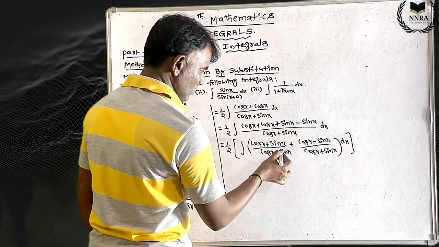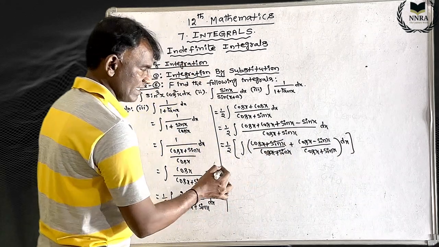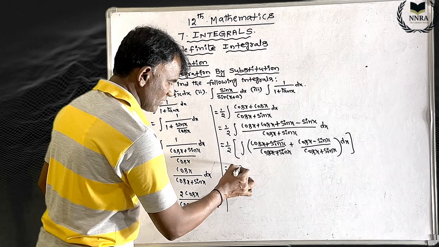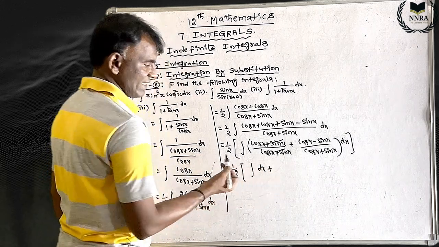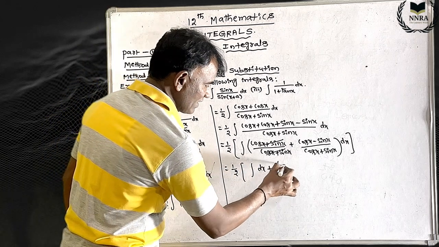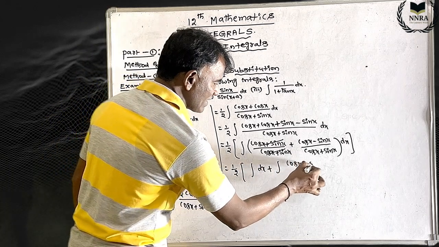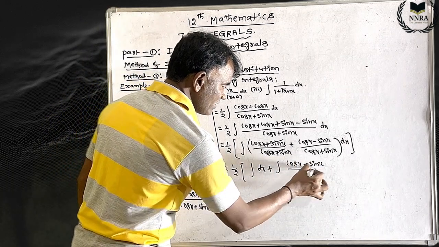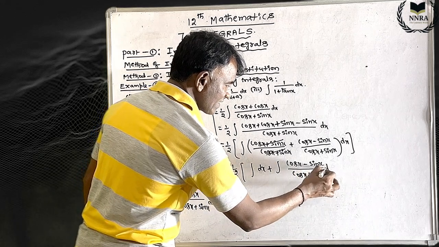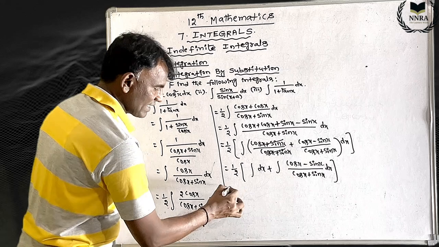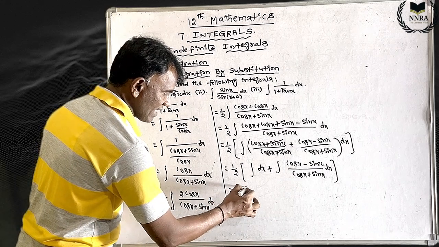And here both get cancelled. Then what is the remaining? 1 by 2. So integral 1 into dx is dx. Coming to the second one, integral of cos x minus sin x divided by cos x plus sin x, then dx. Clear? Now what is integral dx? That is x, standard formula.